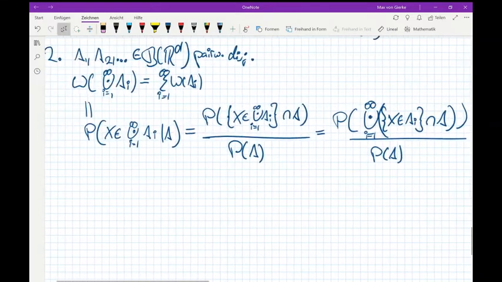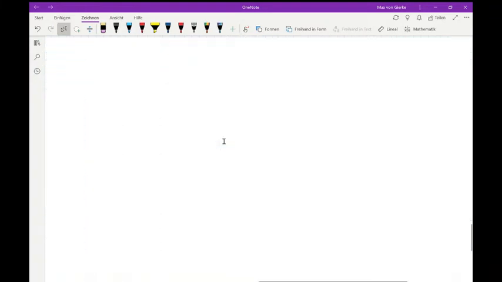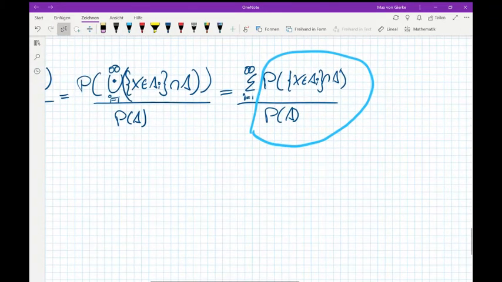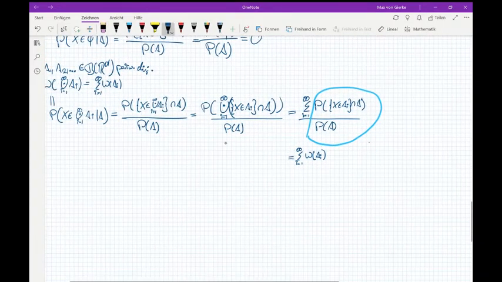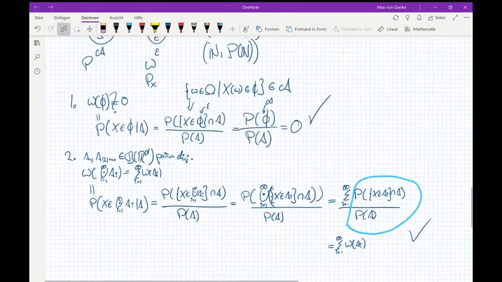Well, we just repeat this step here. And this is what we wanted to show. So we are done here as well. And from 1 and 2 it follows that W is a measure.